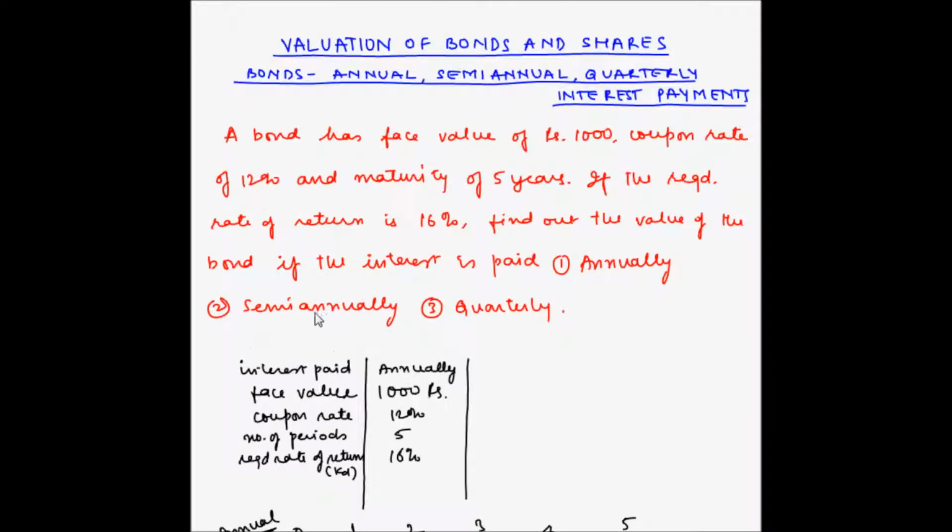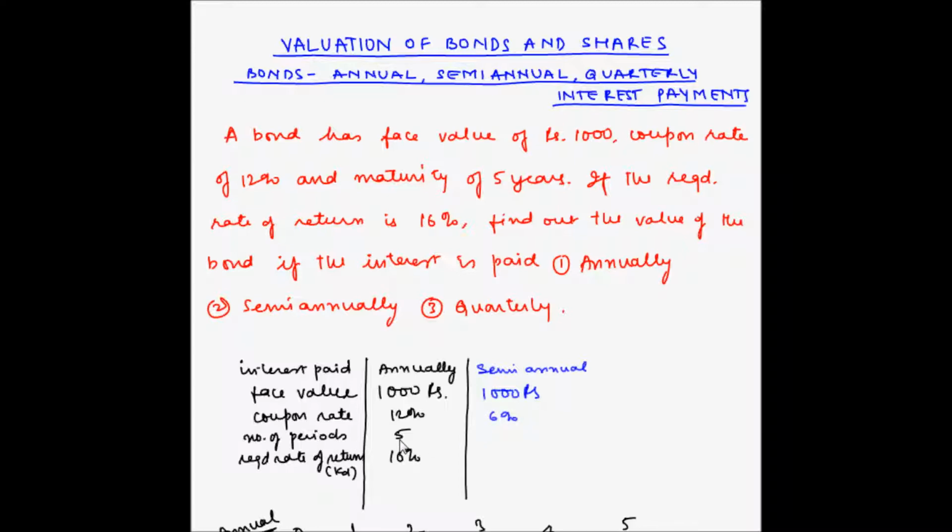Now let's move to semi-annual interest payments. So now let's note down how these values will change when the interest is being paid semi-annually. So interest paid is semi-annual. Face value remains the same, which is 1000 rupees. Coupon rate was yearly, that is 12%. Now if we are paying interest half yearly, then the coupon rate will also become half, so this is 6%.